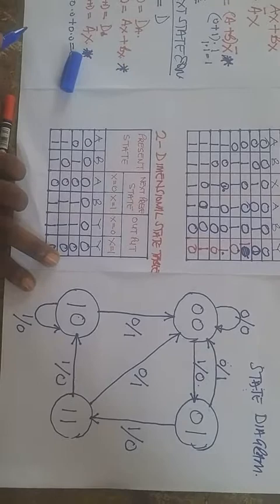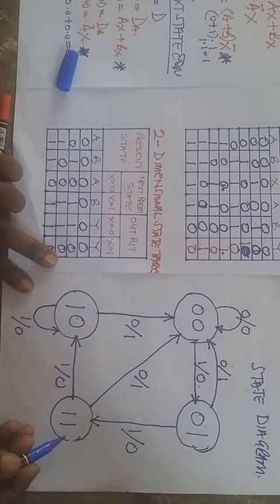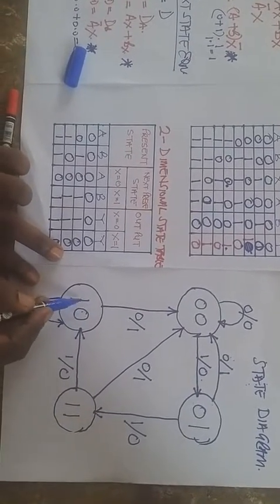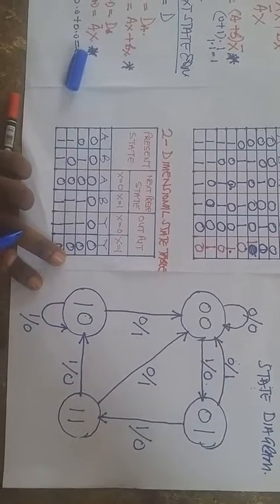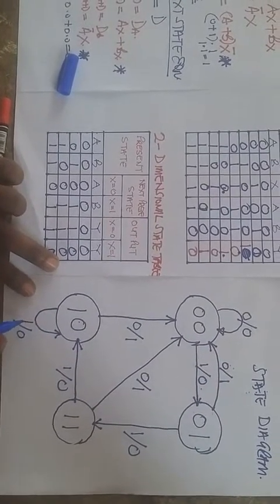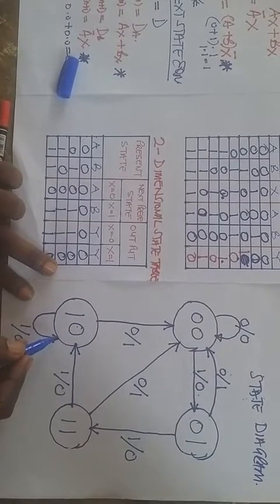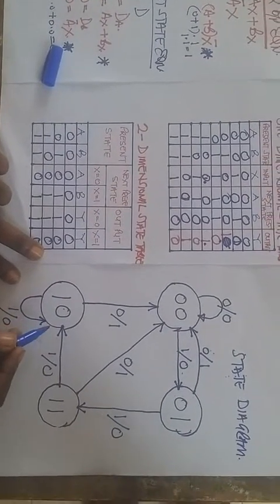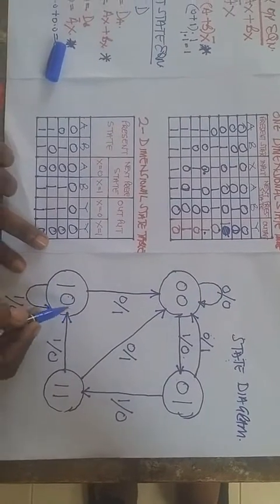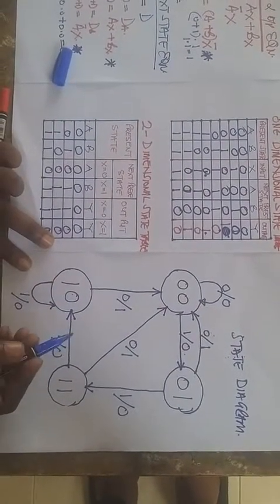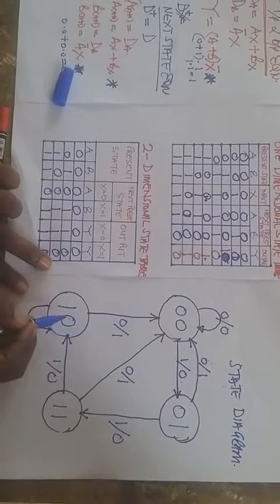Let's say we are in the state 10 and we give an input 1, there's no change. But when we are in 10 and we give an input 0, it transitions from 10 to 00.